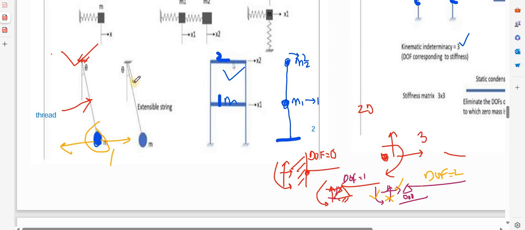Now for another case, if this string is extensible, if I am using a rubber band instead of a thread, what will happen? It has elasticity, so it can move in this direction as well as in this direction also. So the degree of freedom will be 2.